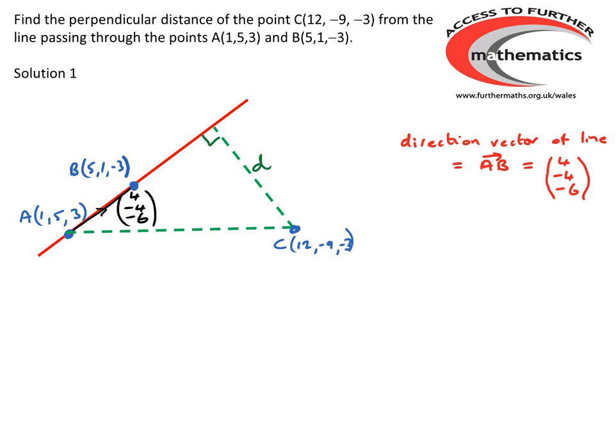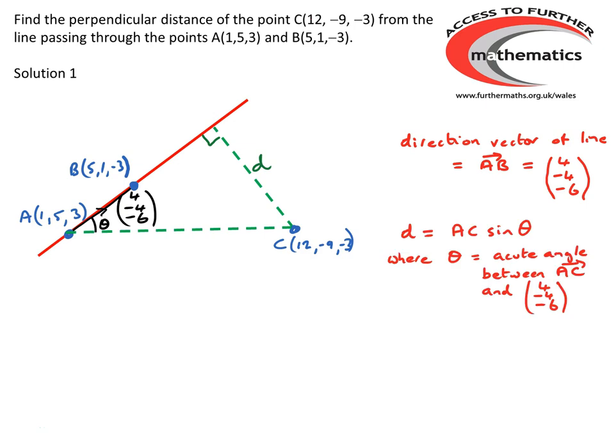Now we want to calculate the perpendicular distance D, and from the triangle that we've got drawn we can see that D is equal to the length of AC, which is the hypotenuse of the triangle, times sine theta, where theta is the acute angle between the vector A to C and the direction vector of the line.